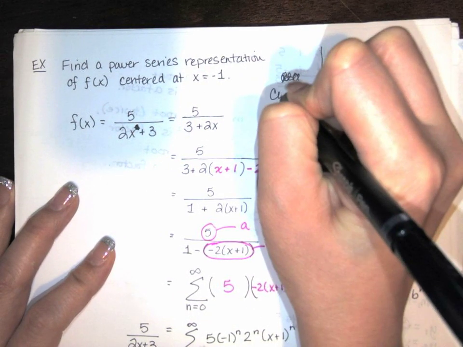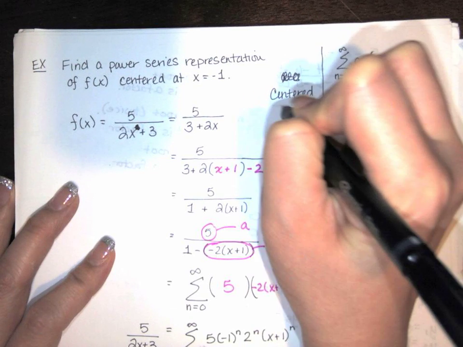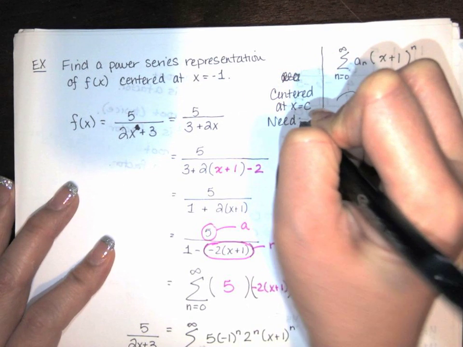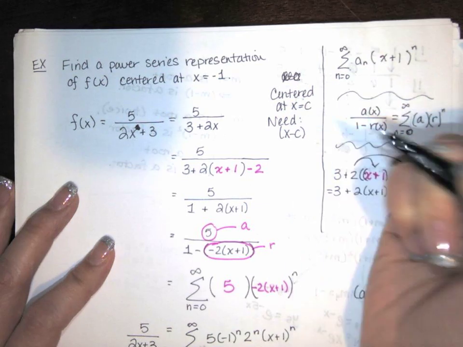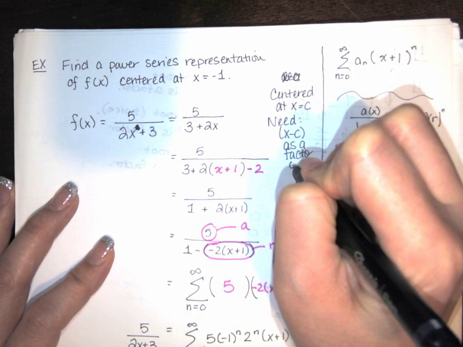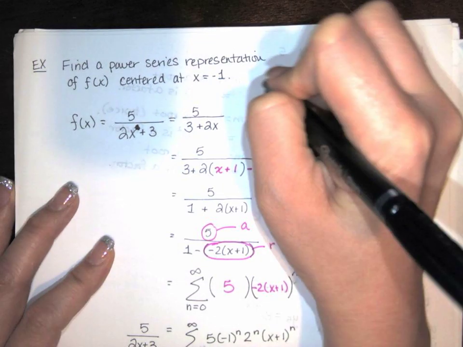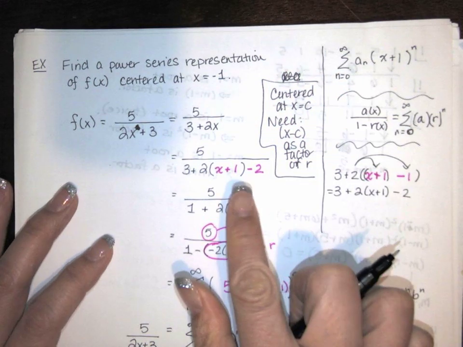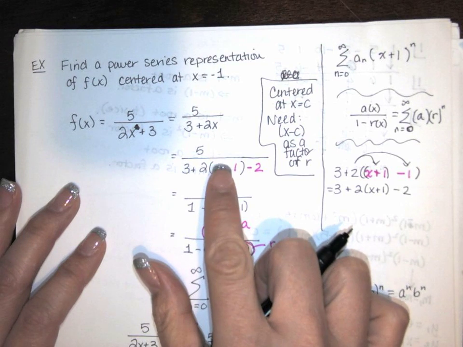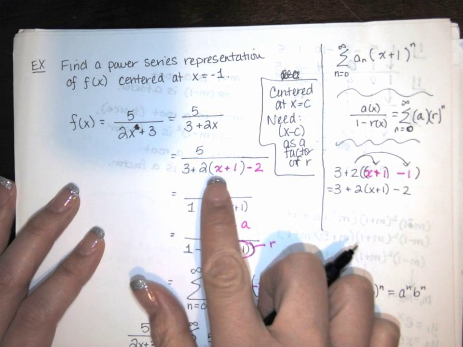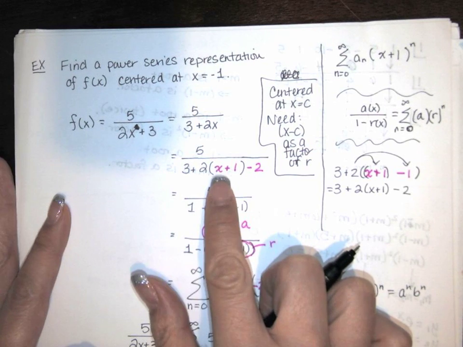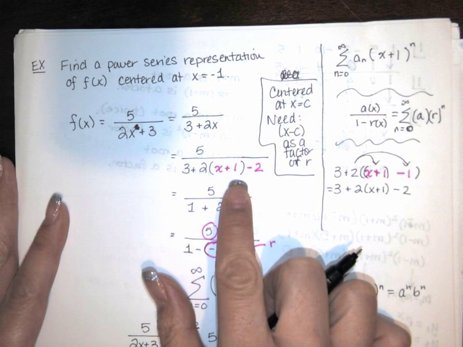If they're asking for a power series centered at x equals c, you need x minus c to be a factor of r. So you're trying to get the x minus the negative 1, or x plus 1, as a factor of r down here. And the way you do it is you force it to be exactly what you want it to be, and then you compensate for what you just did.